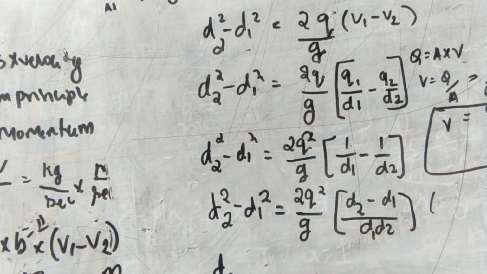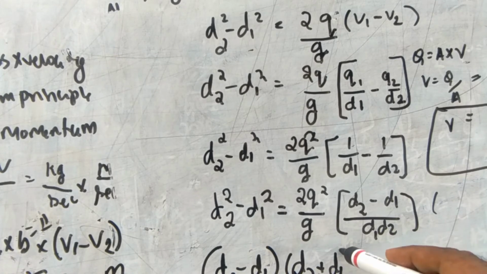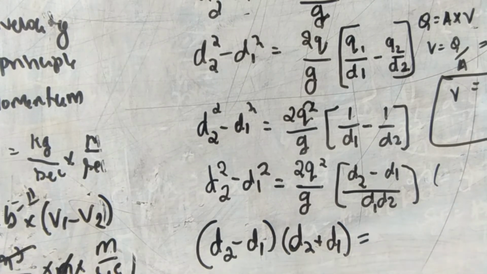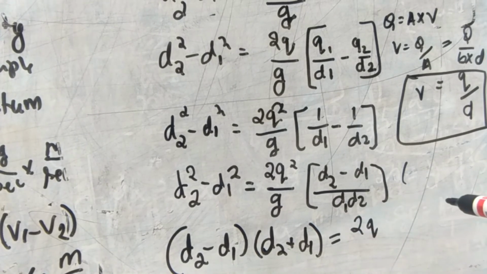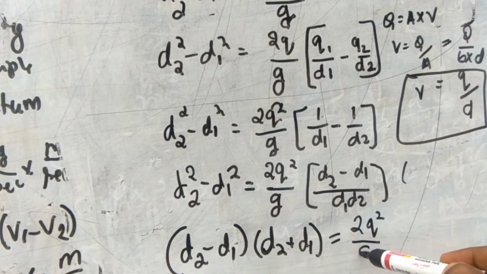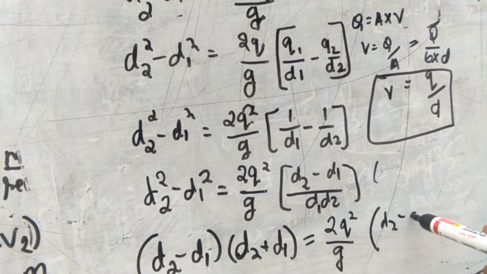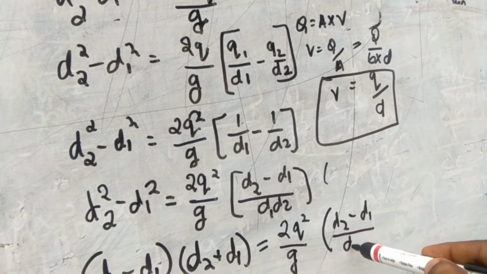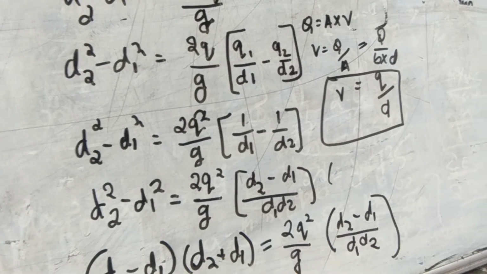So I can write this one as (d2 minus d1)(d2 plus d1), and d2 minus d1 is equal to 2q square divided by g, d2 minus d1 over d1 d2.